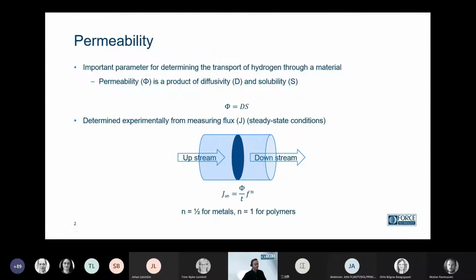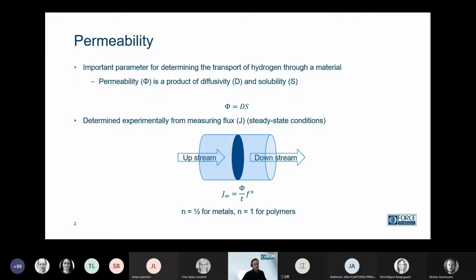There is a little kicker in this, because when you're calculating the flux, the fugacity, or the activity, of your gas will depend on the pressure, but it will also depend on whether it's a metal or a polymer, and that has to do with how the hydrogen can travel through the material.